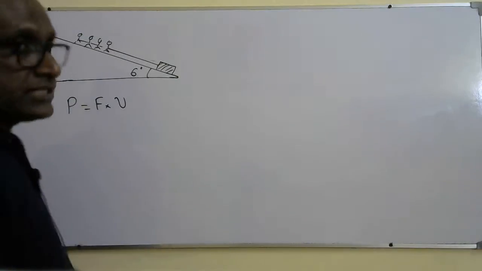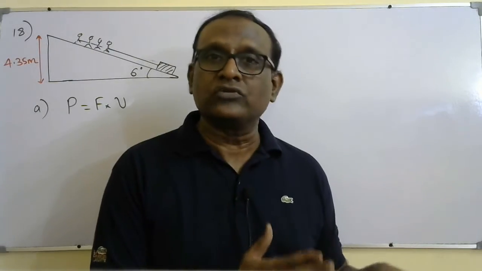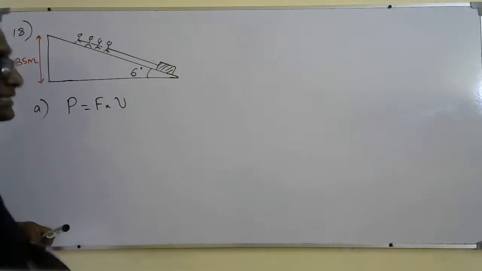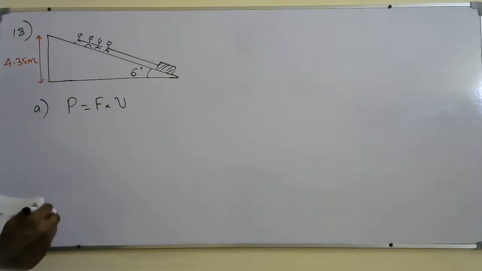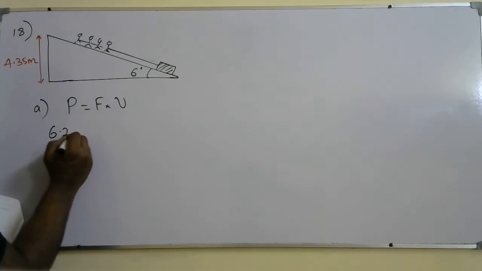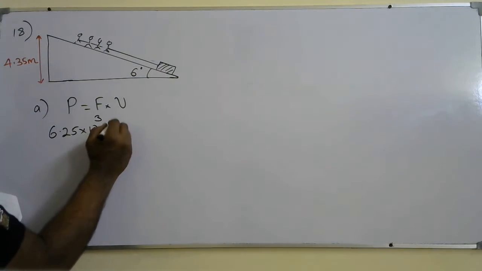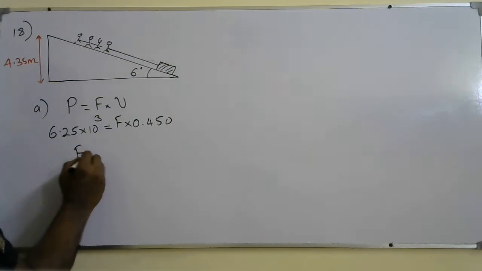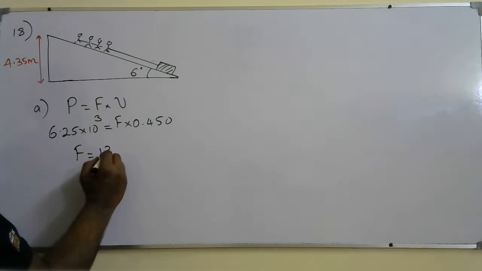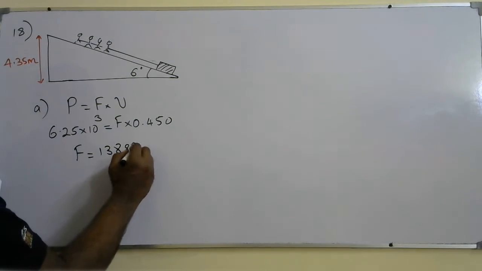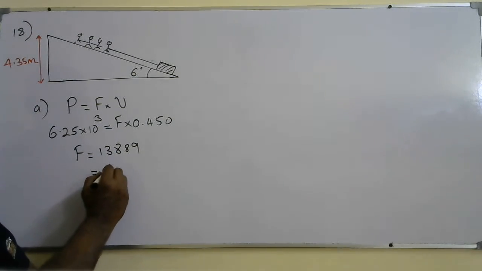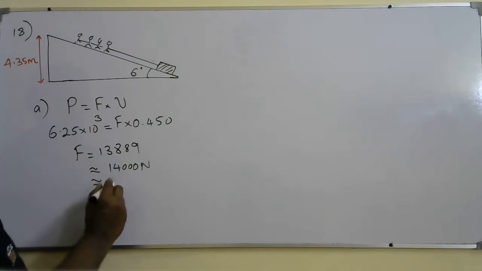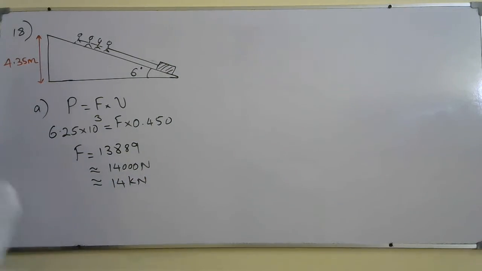The total opposing force means the component of the weight plus friction, and those two will be equal to this F. So the power of the people is given, 6.25 × 10^3 equals F times the speed, 0.450. Find F. That is 13,889, so approximately 14,000 newton, approximately 14 kilonewton.